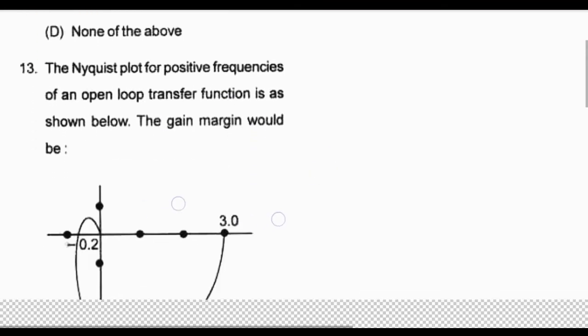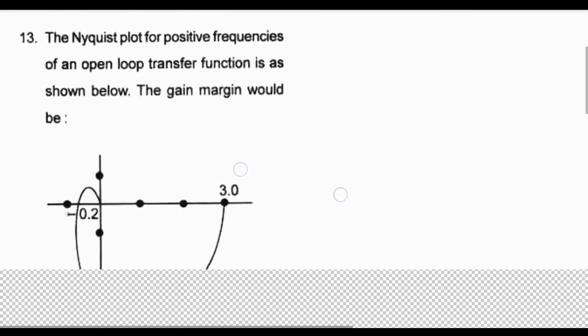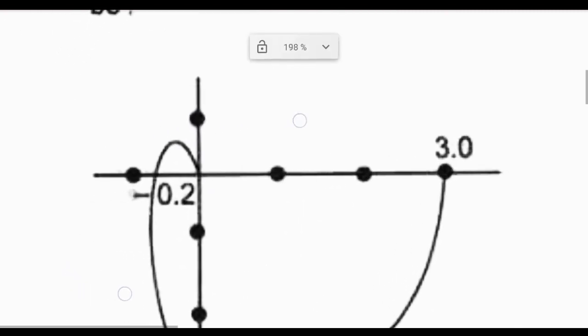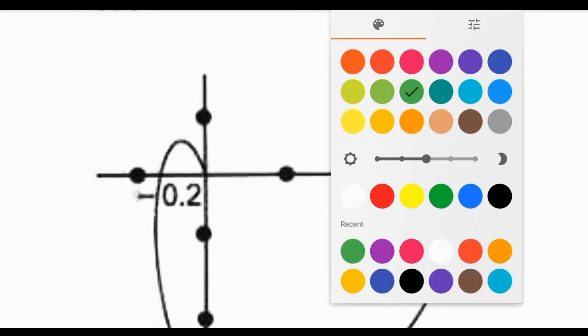The Nyquist plot for positive frequencies of an open loop transfer function is as shown below. The gain margin would be. So here the gain margin is asked, and the plot is not encircling the point -1. Here I will zoom in.